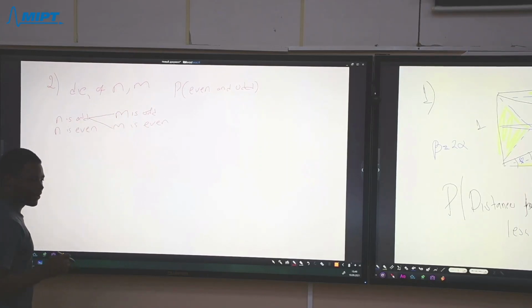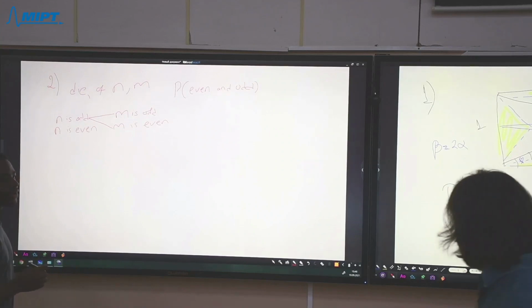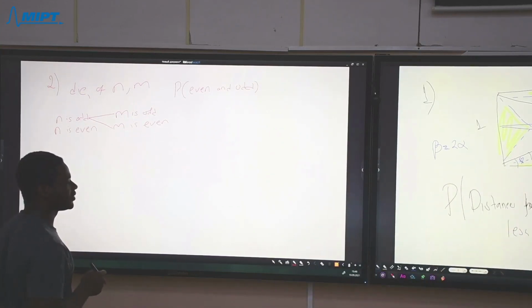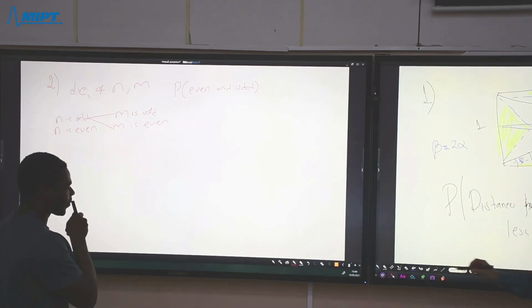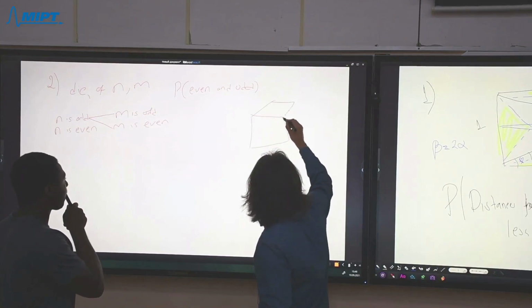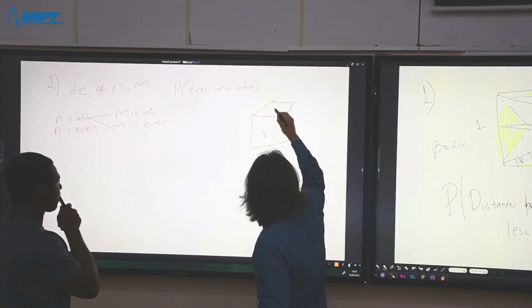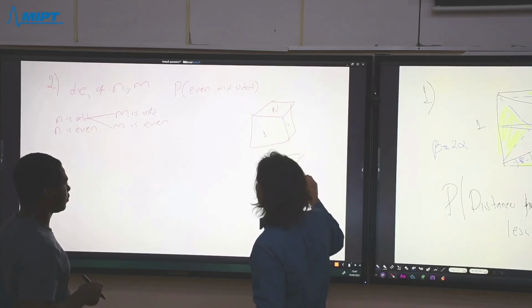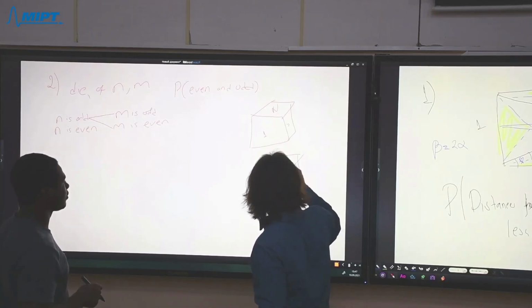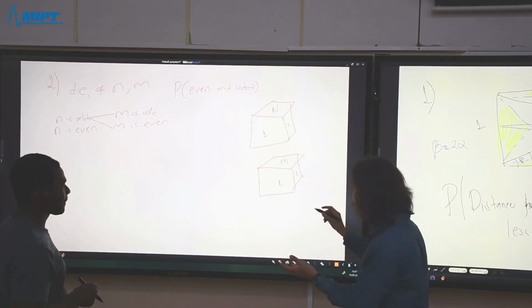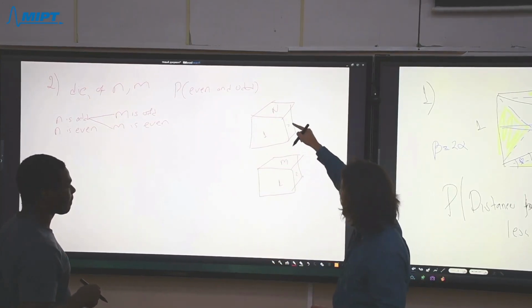Wait. Look, we have 2 dice, and the first die has n sides, 1, 2 to n, and the second one has m, 1, 2 to m, right? We throw these dice and we get a number from 1 to m and from 1 to n.